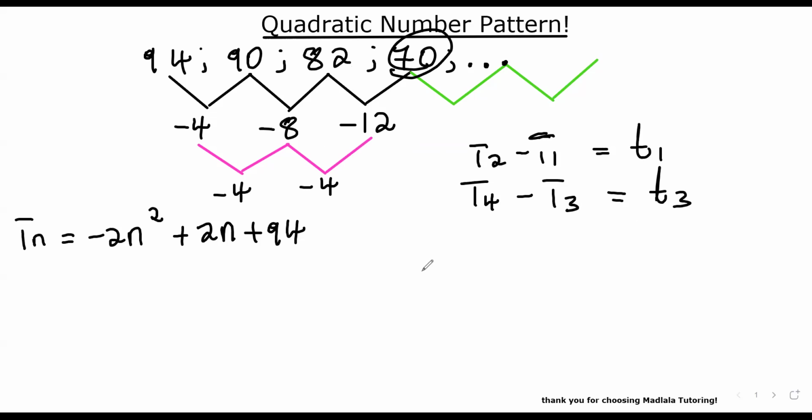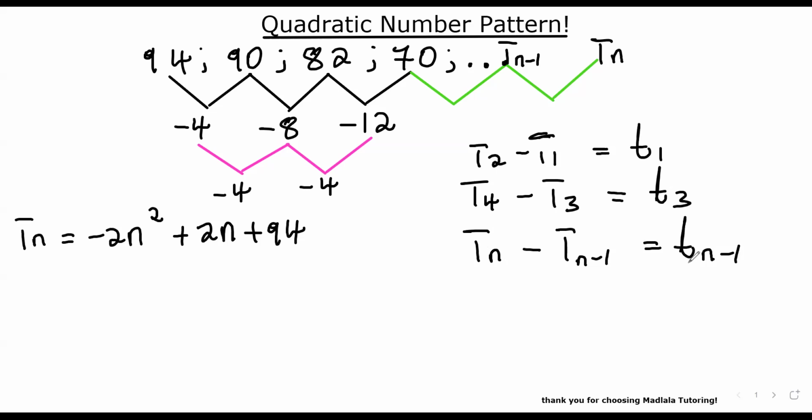Where am I going with this? Well, I want you to know that a certain term that we don't know, which is term number n, minus the term that comes before it, which is term number n minus 1, is going to give you term number n minus 1 in the linear pattern.